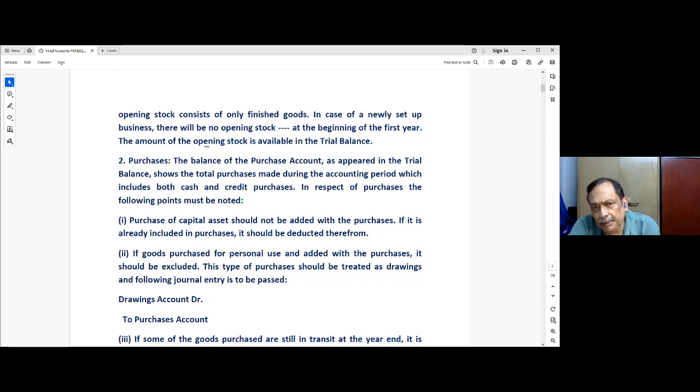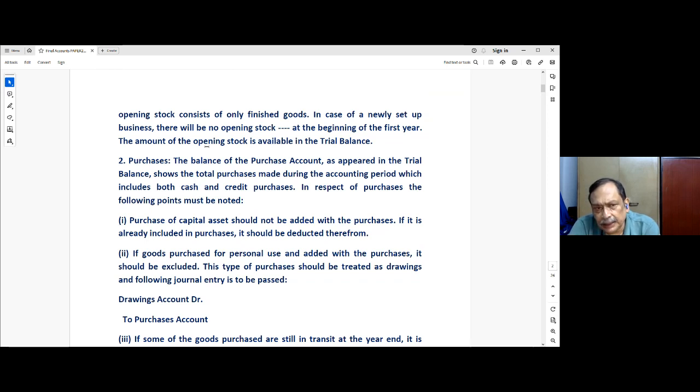Purchase may be on cash as well as on credit basis. So that's why the balance of the purchase account shows the total purchases made during the accounting period.